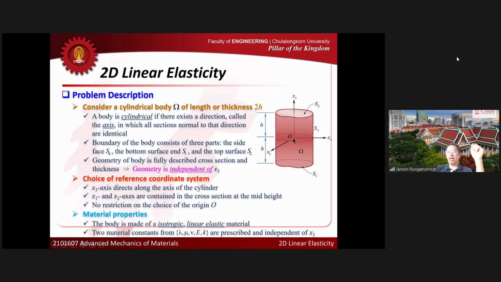But if you move in the in-plane direction, arbitrarily in the cross section, you may see different values of the material properties. So the material can be non-homogeneous, but it cannot depend on x3. That is the restriction on the material property that we will focus on for this class of problem.